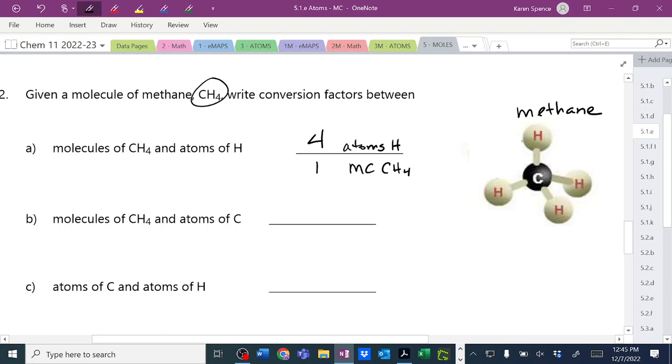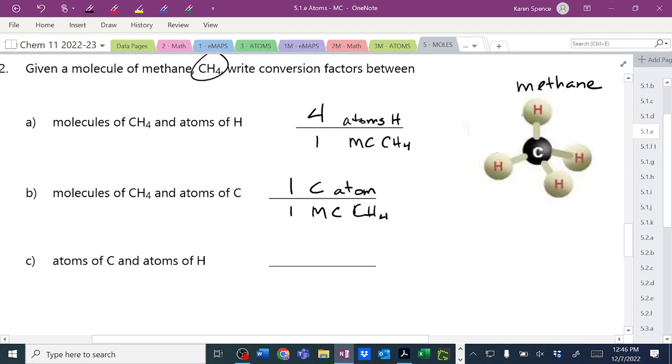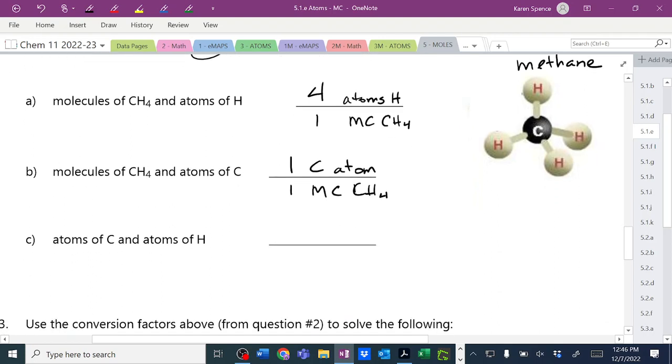How many carbon atoms in a CH4? There's 1 carbon atom, or catum. Yeah. And O atoms are OTOMs. For 1 molecule of CH4. Now, can you do this one? What is the ratio between the atoms of carbon and the atoms of hydrogen?